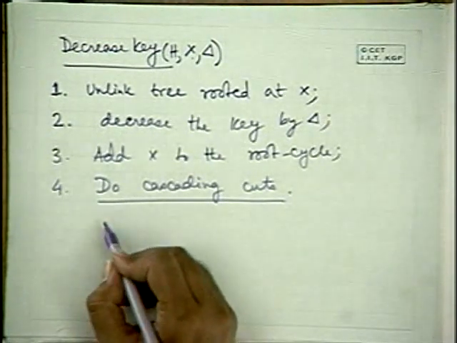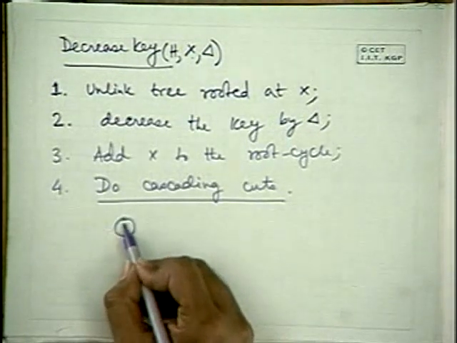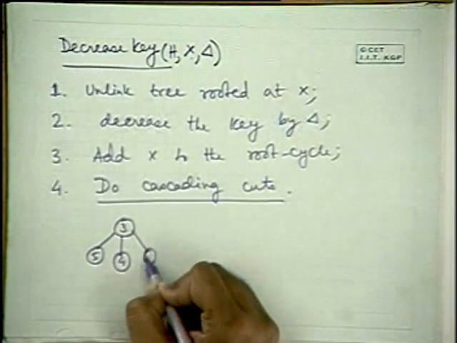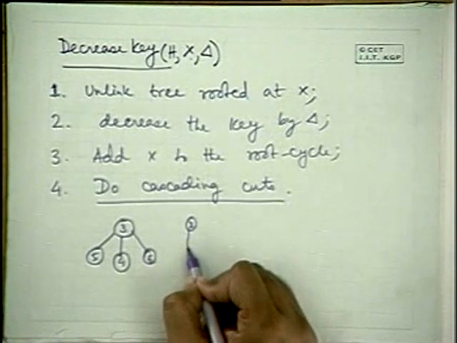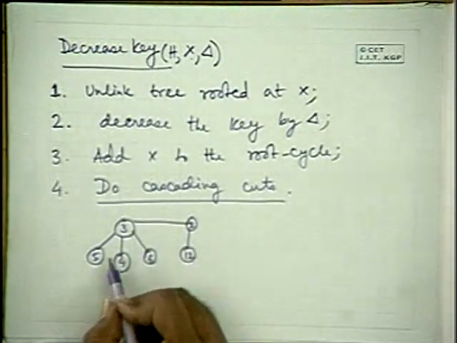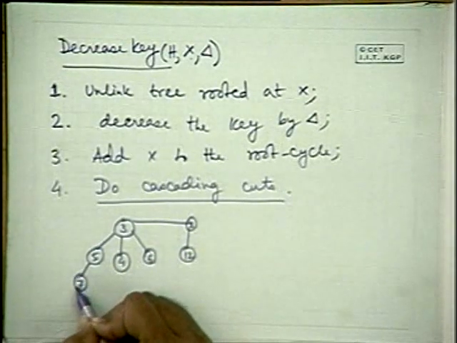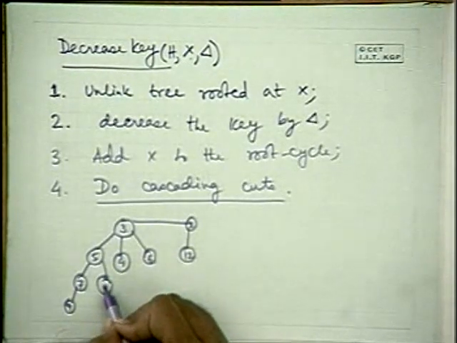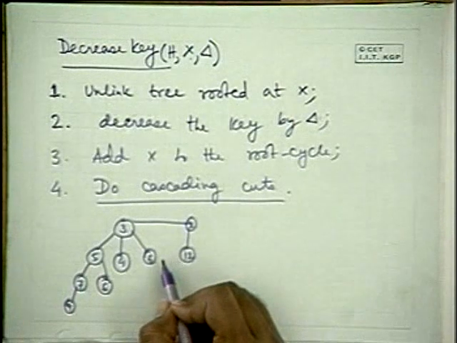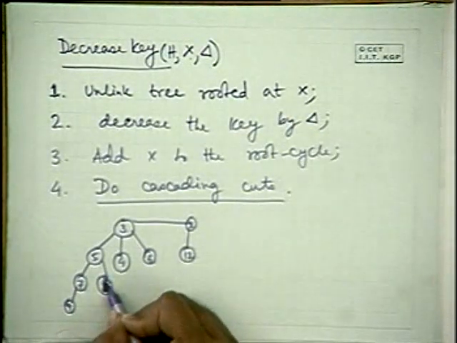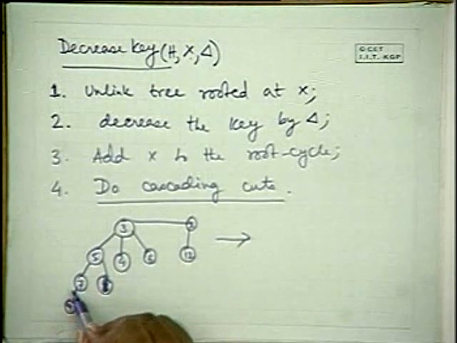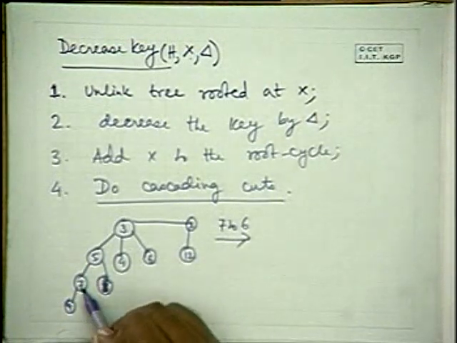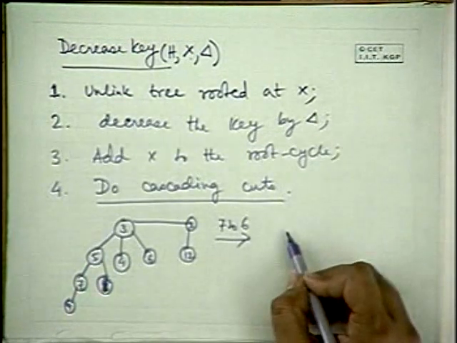Now here is an example. So suppose we have this tree, 3, 5, 4, 6, 2, say 12, and these two are in the cycle, and suppose this is 7, this is say 9, and this 5 has say another 6 or 8. Now suppose we are going to make the change 7 to 6 basically. So we are decreasing the key value of 7 by 1, delta is 1. So what does it do?